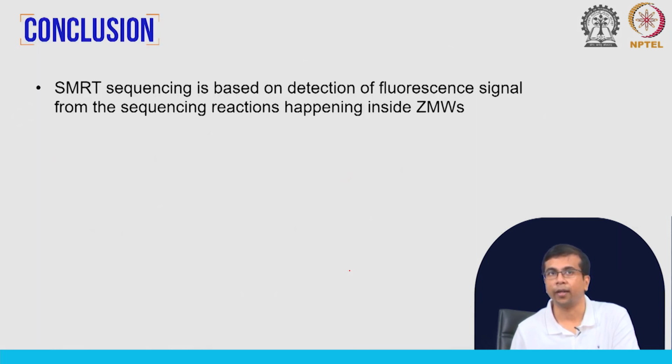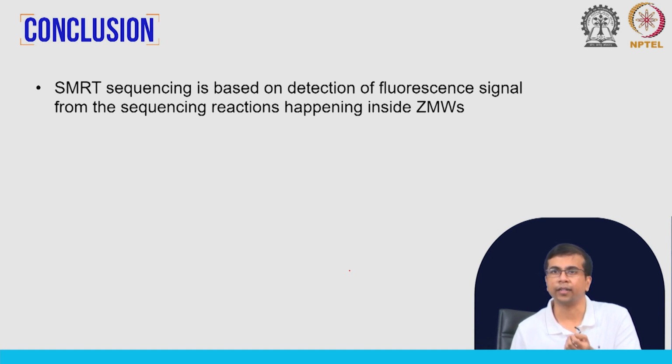To summarize, we have introduced single molecule real time sequencing, which is based on detection of a fluorescence signal from the synthesis of DNA happening inside ZMWs. These are incredibly small wells where the polymerase is immobilized and the synthesis process happens.